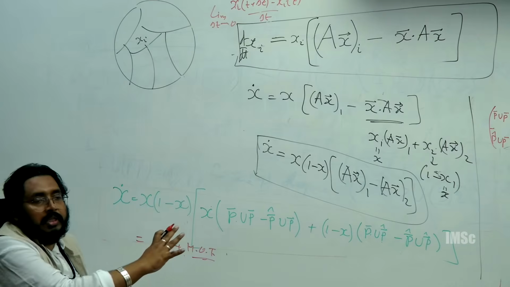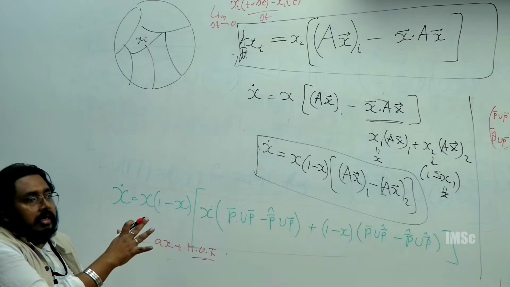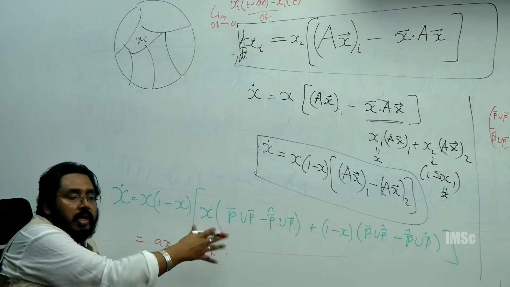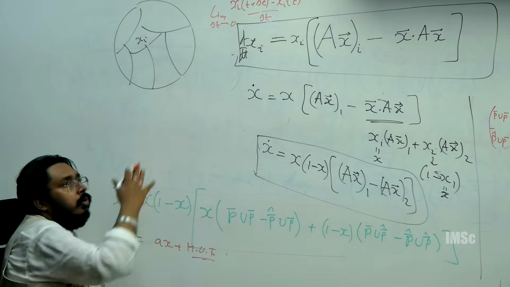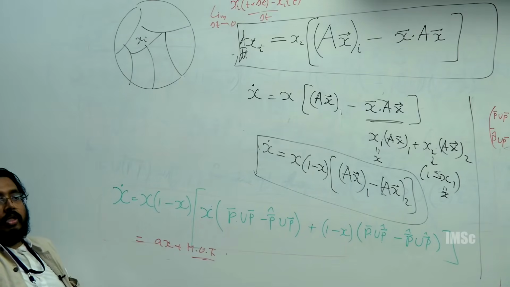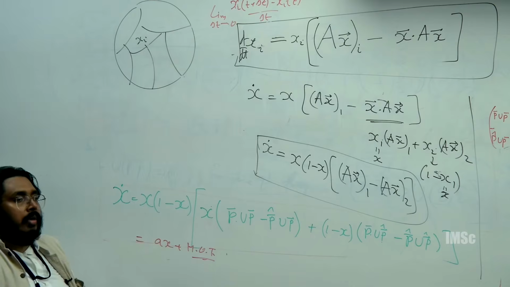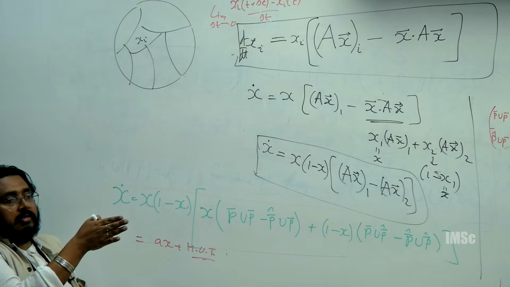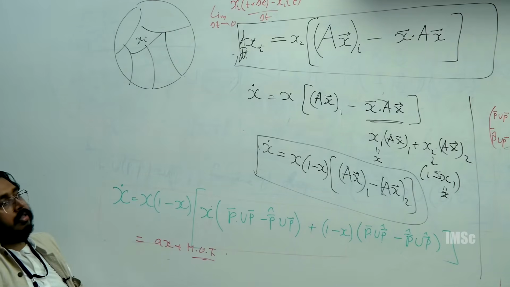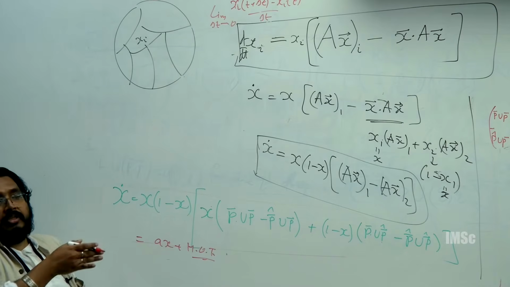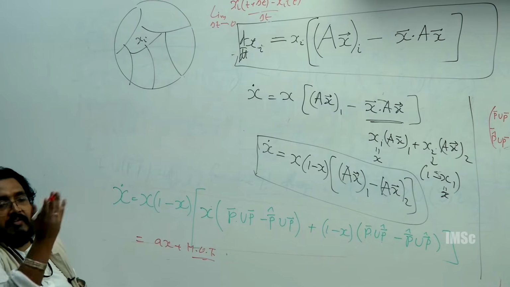But this is very conceptual, very important, that your definition of ESS, whatever it was, is actually being followed by whatever this replicator equation is doing. Your population ultimately is going and settling down at a frequency which is a mixed strategy whose frequency is given by x's.